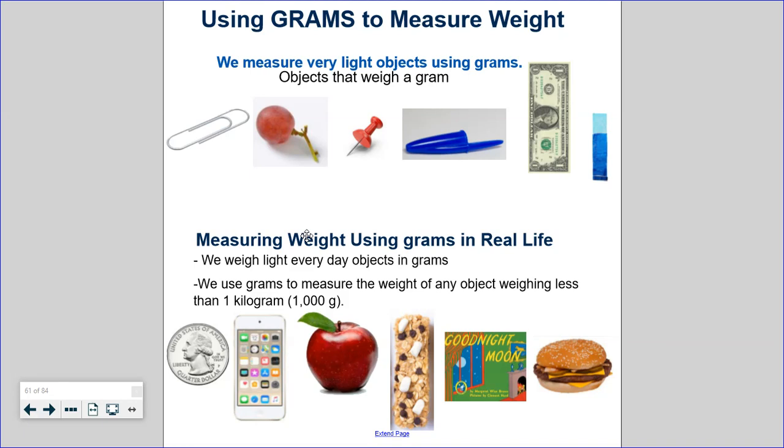Anything that weighs less than 1 kilogram or less than 1,000 grams, we would use grams as our unit of measurement. So a quarter is going to weigh more than 1 gram, but less than a kilogram. So we're going to measure it using grams. We're going to say it weighs blank grams. The same with a phone, an apple, a granola bar, a book, or a burger. All these things weigh less than 1,000 grams, and so we're going to measure them in grams.